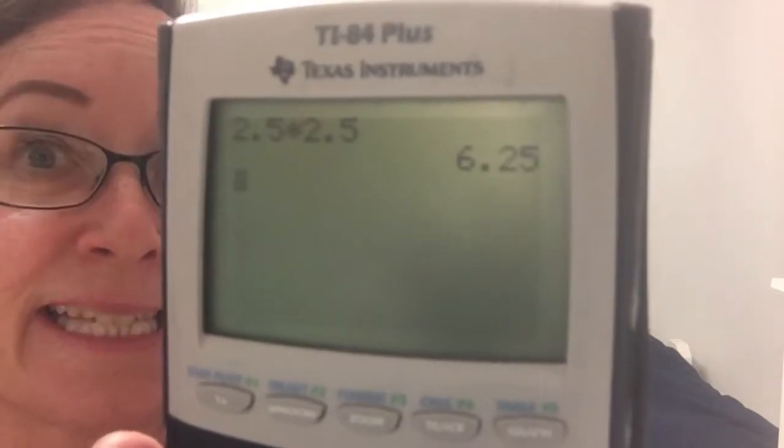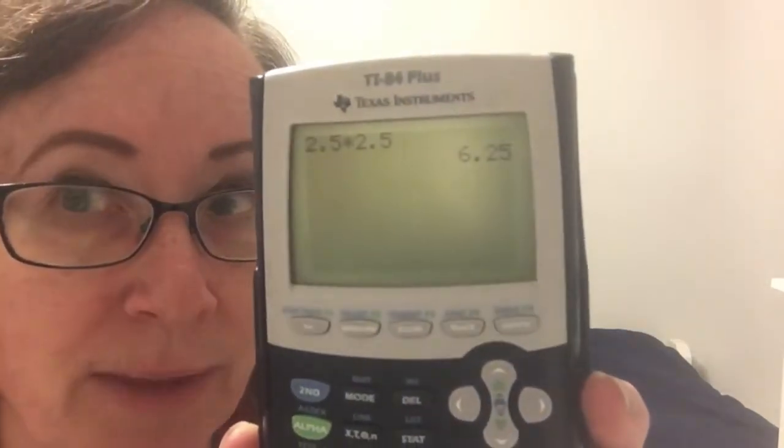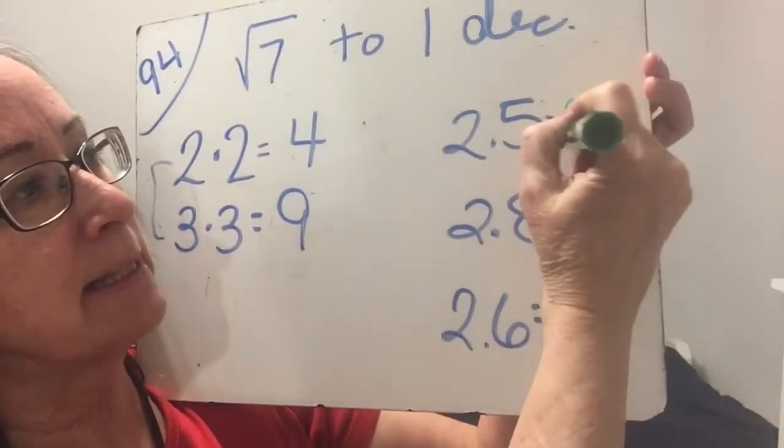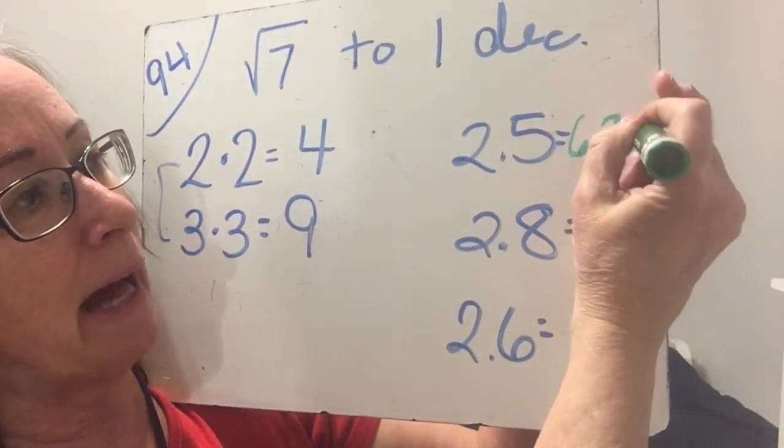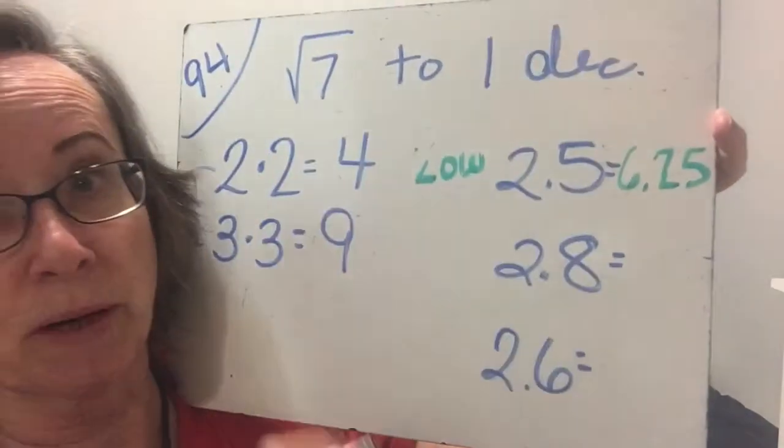Now I'm trying to get 7. 6.25. I'm trying to get 7, so this is too low. So I'm going to write down on my board 6.25 so I don't forget it. 6.25, and that was too low because I'm looking for 7.